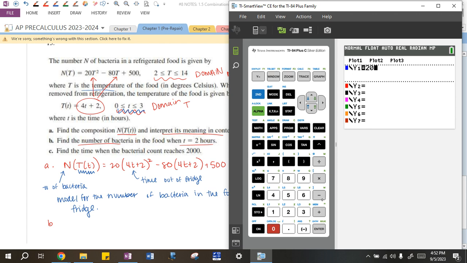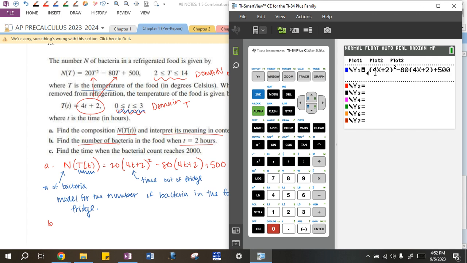So 20 times (4x plus 2) squared minus 80 times (4x plus 2) plus 500. That's what we just put in y equals.